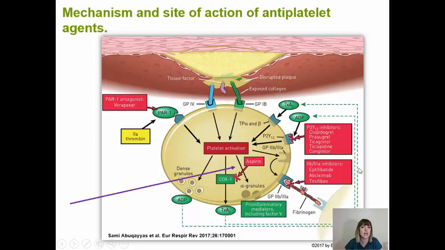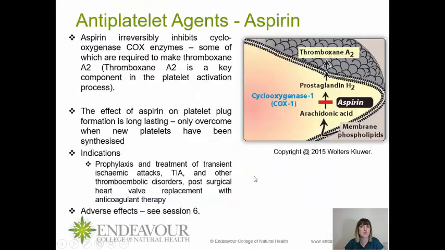It gets released by the platelet, activates that same platelet and also other surrounding platelets. So we know that COX-1 can be blocked by non-steroidal anti-inflammatory drugs, particularly by aspirin, that irreversible inhibitor of cyclooxygenase. So that's going to be the one that we focus on.